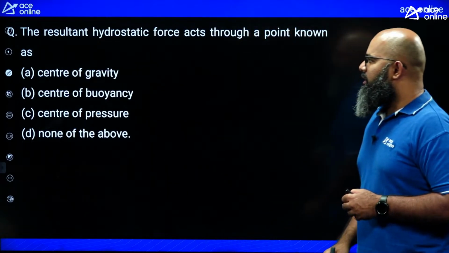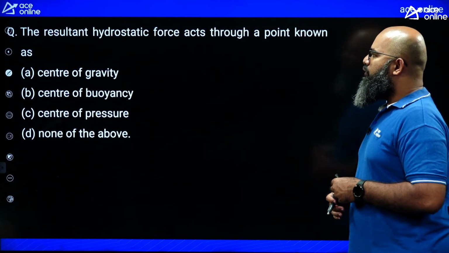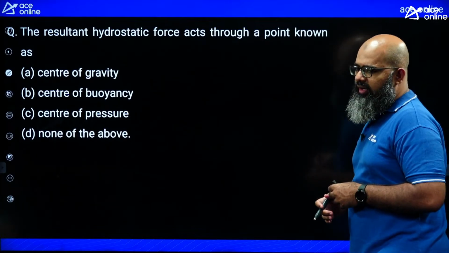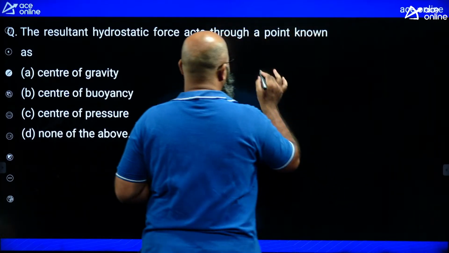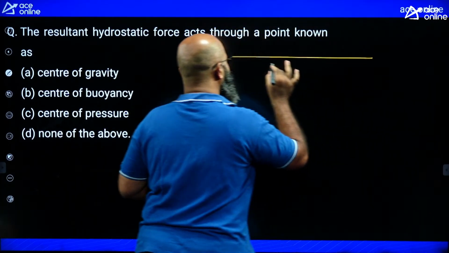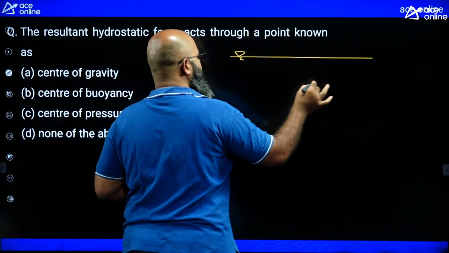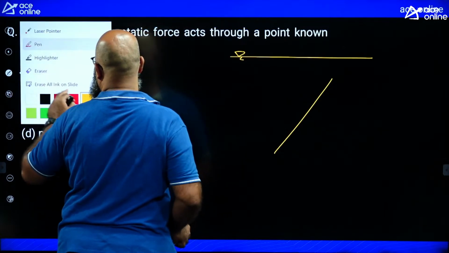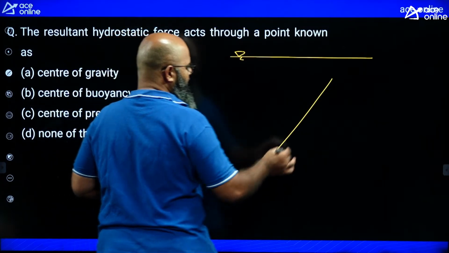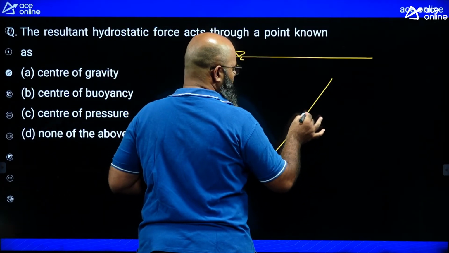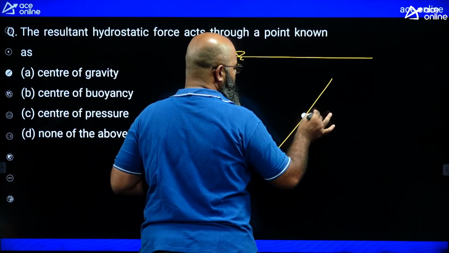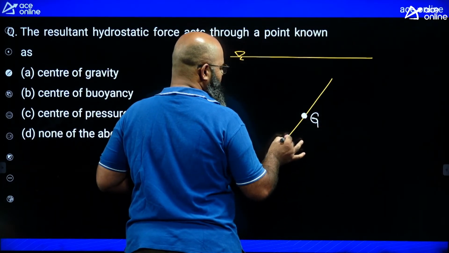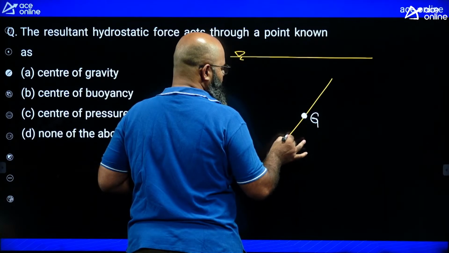The resultant hydrostatic force acts through a point which is known as. Now remember, whenever you have a free surface, you have a particular plate. Suppose this is the centroid of the plate or center of gravity of the plate. Somewhere below this, there is going to be a certain point.